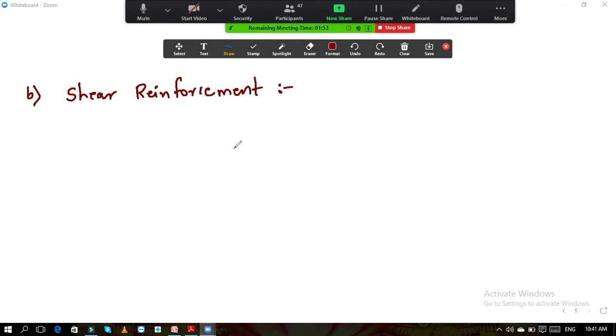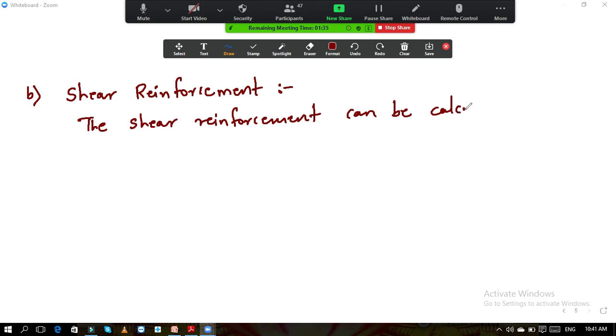Okay, so for the shear reinforcement, the shear reinforcement can be calculated as follows.